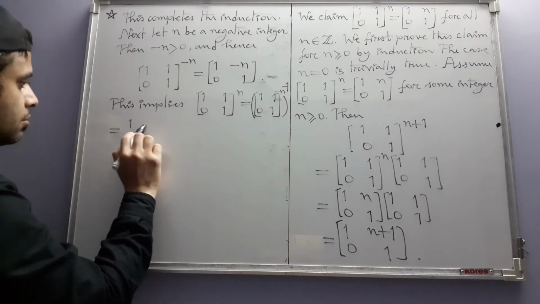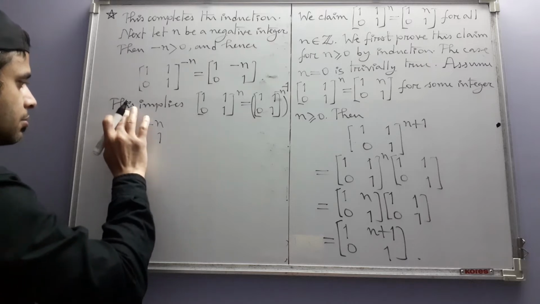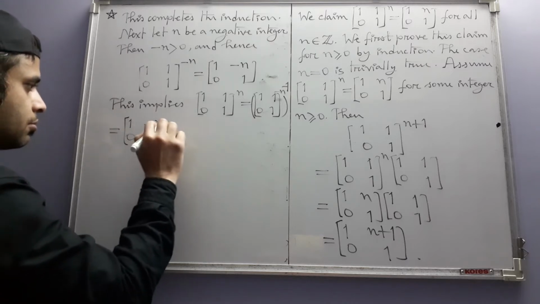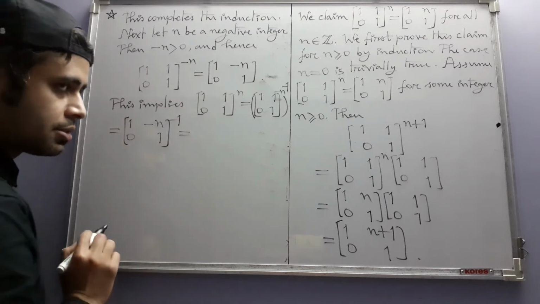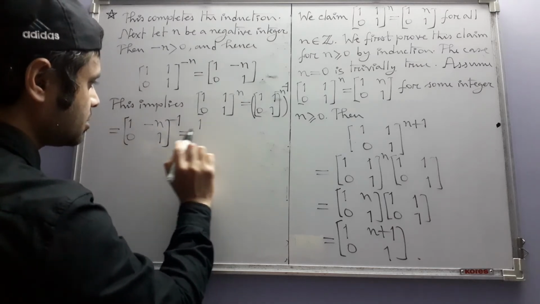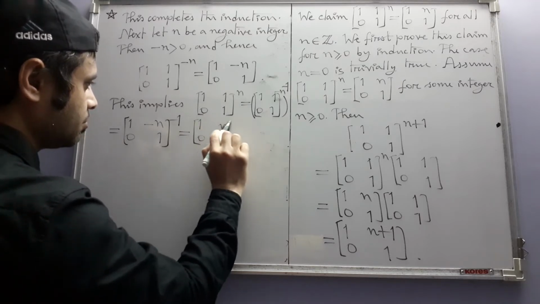So this is the inverse of this matrix, and one can see that this inverse is nothing but 1 n 0 1.